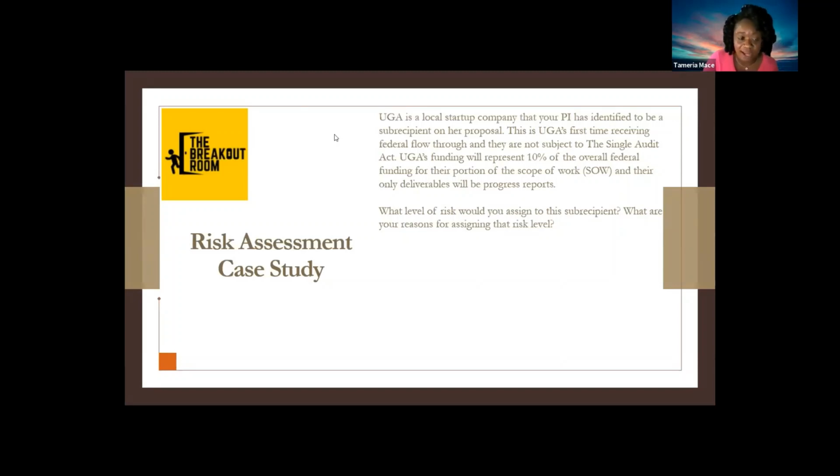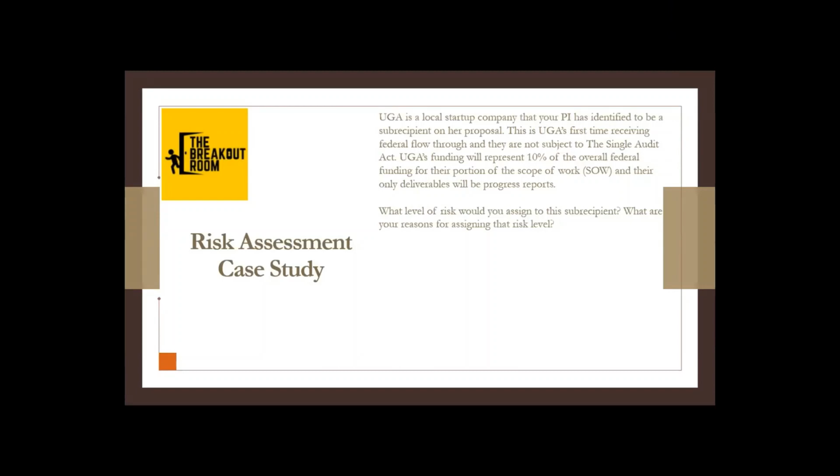So yes, we do get financial information. They can't just provide us nothing because they're not subject to an audit or they've never had an audit. That would not be sufficient. So basically we want what you have. You may not have an audit, but you do have financial documentation as an actual registered business, and we want that information.